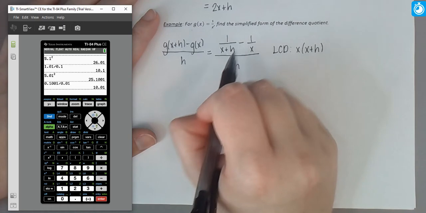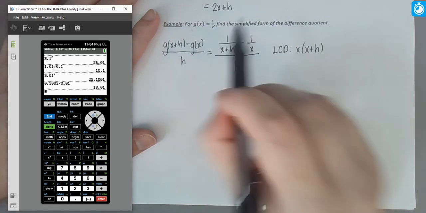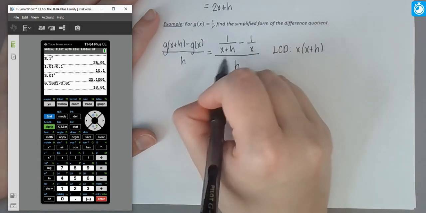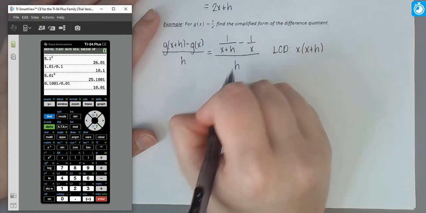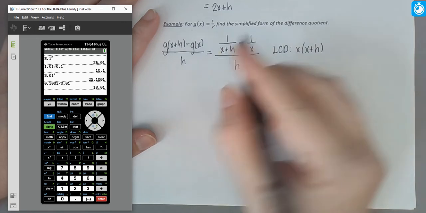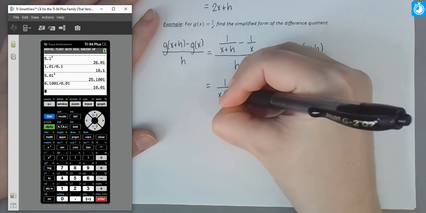We want to convert them to equivalent forms that have this as a denominator. So for each of these fractions, we're going to multiply in the numerator and denominator by whatever it takes to get that matching denominator. For the first rational expression, we've got the x plus h, but we're missing the x. So I'm going to multiply top and bottom by that x I'm missing, and I'll write this in an additional step.